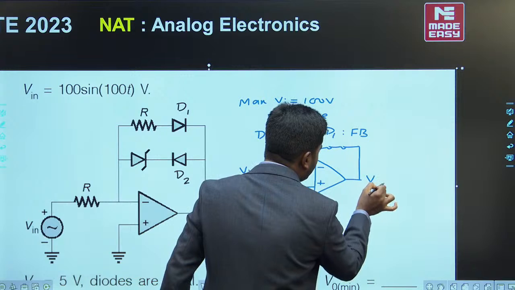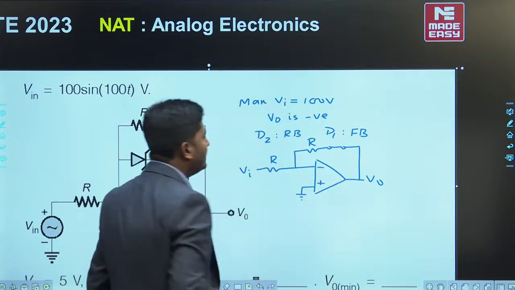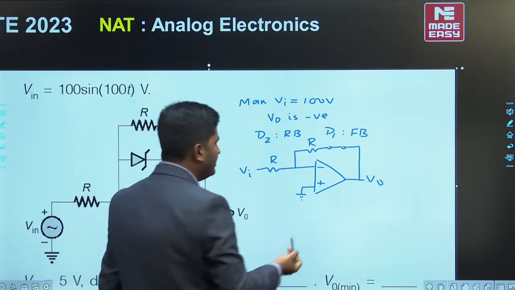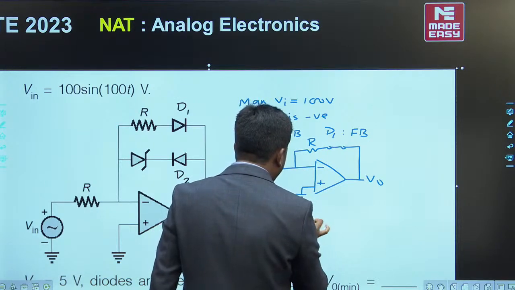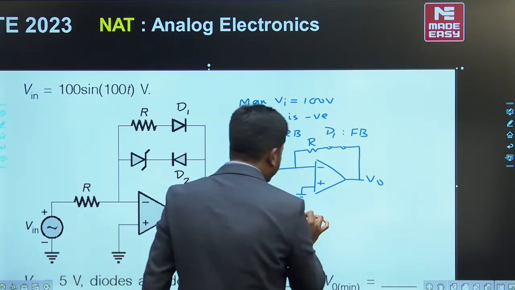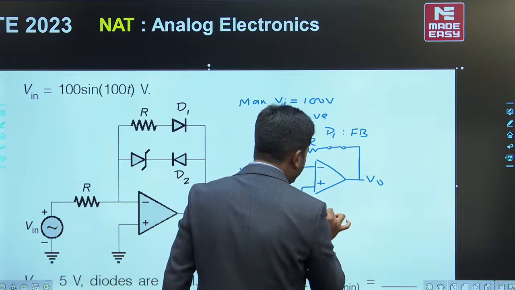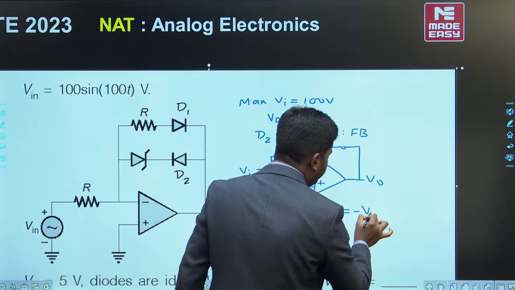Okay, now if you notice, this looks perfectly like an inverting type amplifier, and if you write the output here, that output should be minus R2 upon R1 into Vi, minus R divided by R into Vi, or we get output minus Vi.